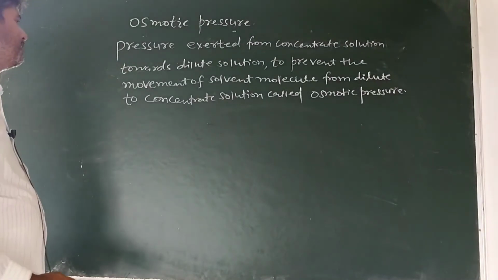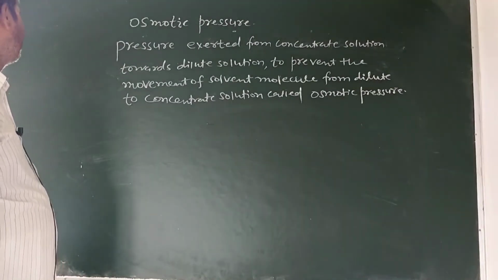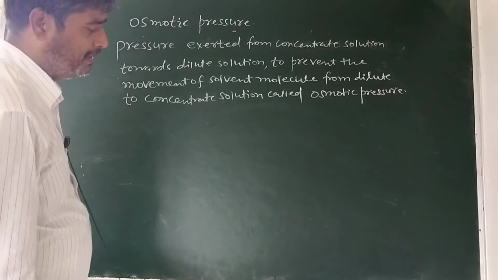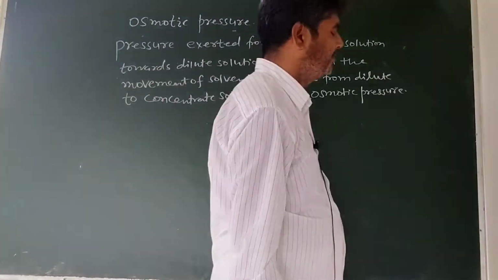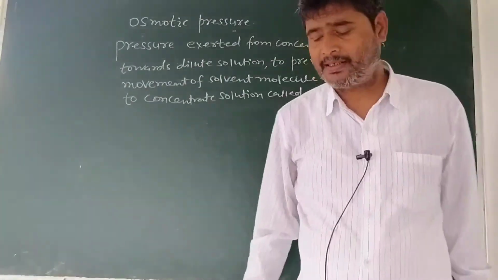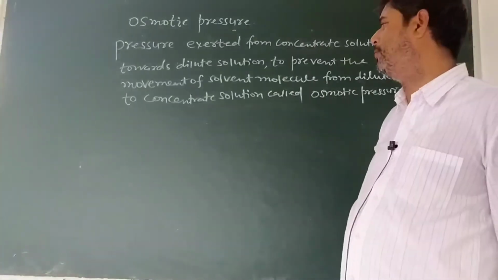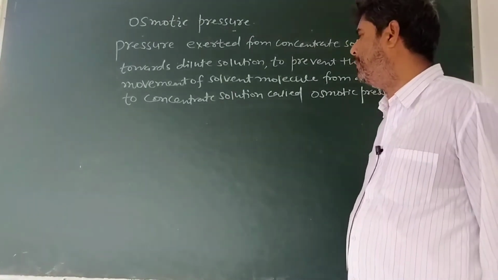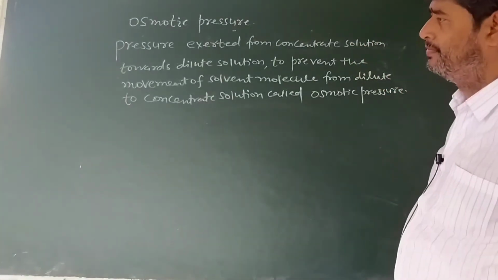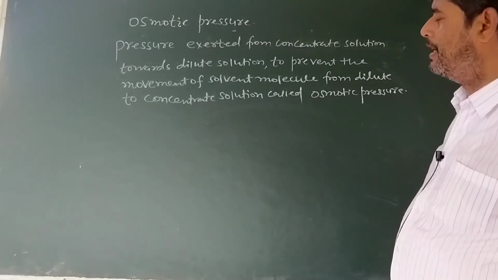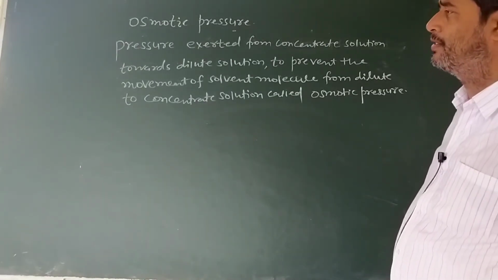Van 't Hoff studied the behavior of ideal solution and ideal gas. On the basis of his study, he concluded that there are many similarities in behavior of ideal gas and ideal solution.